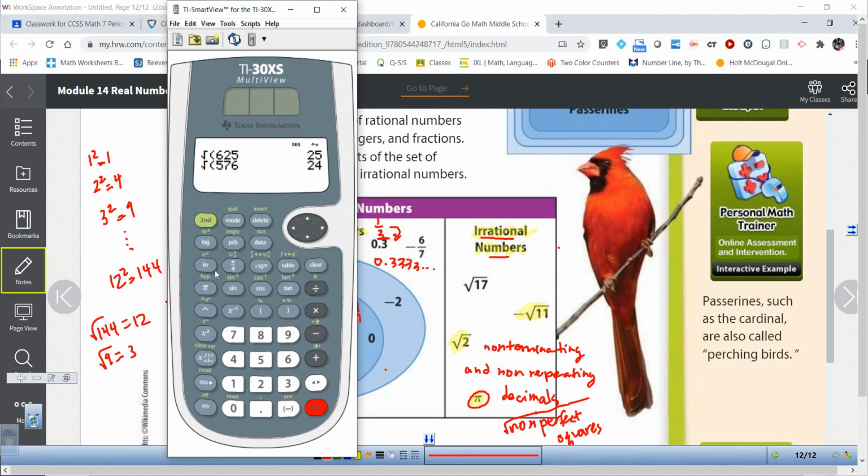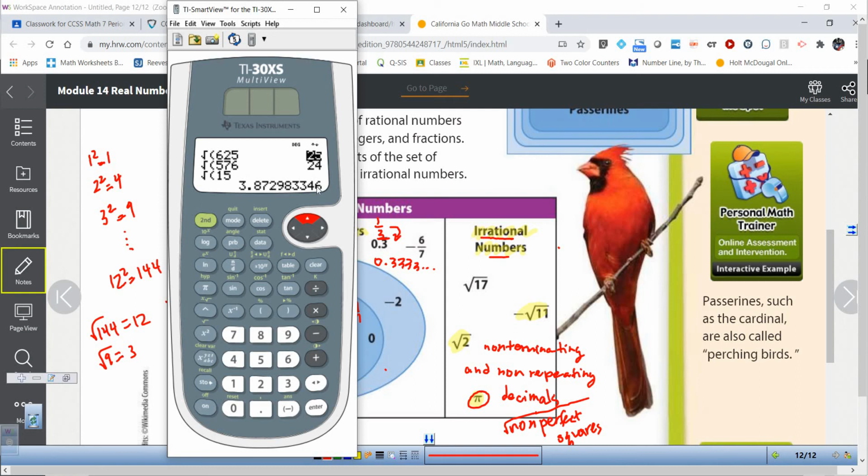That is rational. Now I'm going to put in the square root of 15. You see that? That's your indication. That's irrational. I'm going to put in the square root of 29. Boom, irrational.